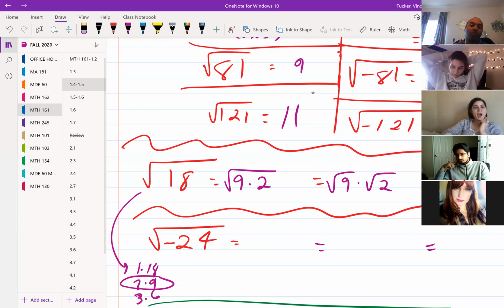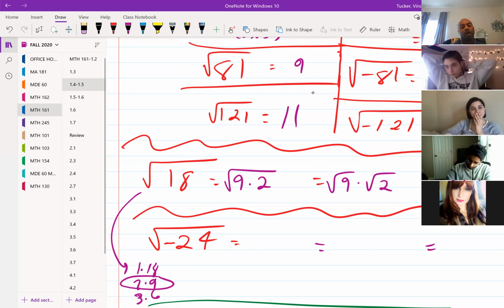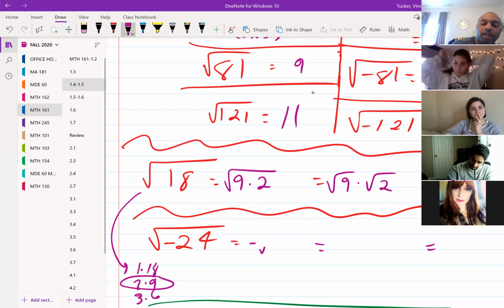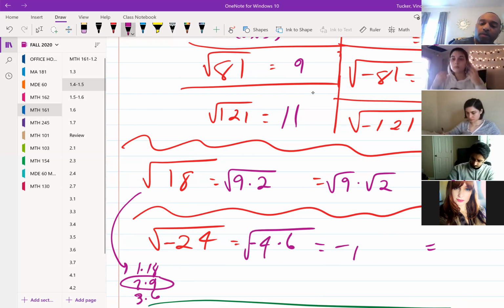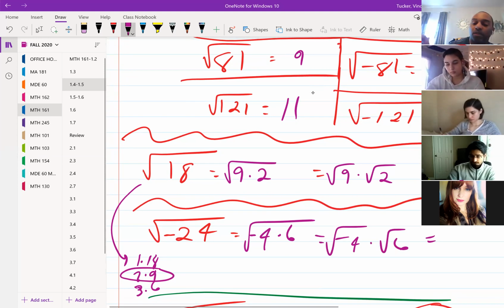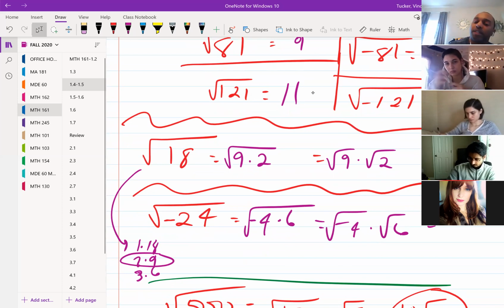Once again, 24 is not a perfect square, but we will be looking for factors that are perfect squares. The way we would break this up is by doing -4 times 6. So the square root of -4 is 2i, and then you leave your 6 under your radical.